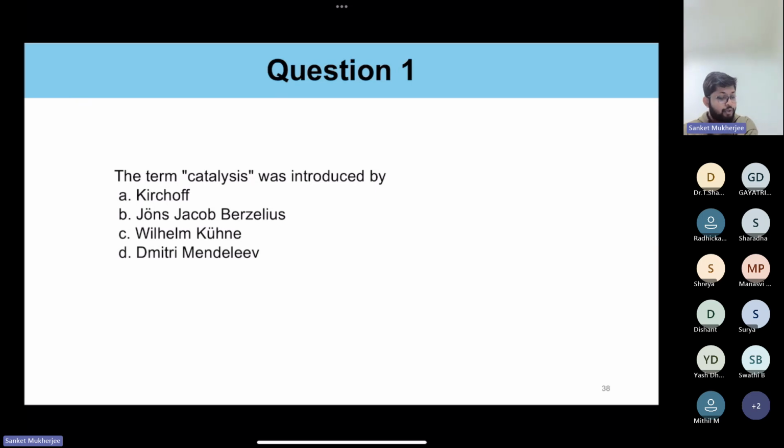The technique that was used by John Kendrew and his team to determine the first protein structure in 1958 was A, electron microscopy, B, nuclear. Okay, wait. Go to application. Just give me one moment.